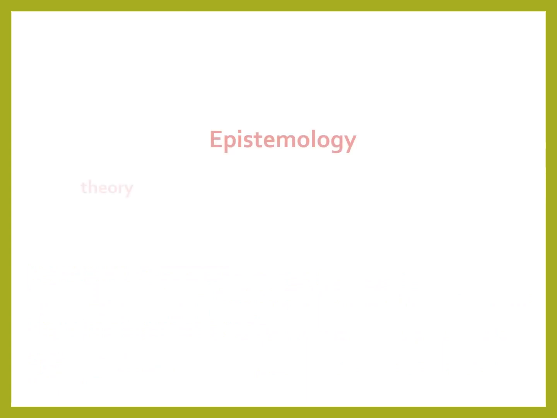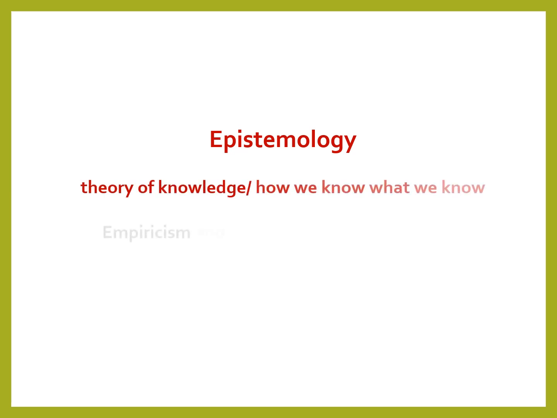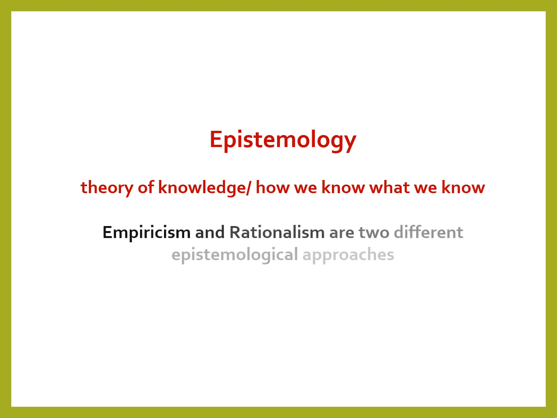So as said, empiricism and rationalism are two different epistemological approaches. By epistemology, we mean simply theories of knowledge, or in other words, how we know what we know. How can we extract knowledge of some aspect of the social reality?